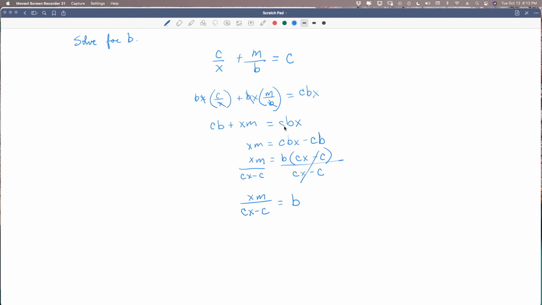And bx times c is cbx. So we swam cb over to this side, which made it a negative cb. And then we factored b out of both terms. That left b times cx minus c. And then we divided both sides by cx minus c, which left, that canceled, and then that left xm over cx minus c is equal to b.